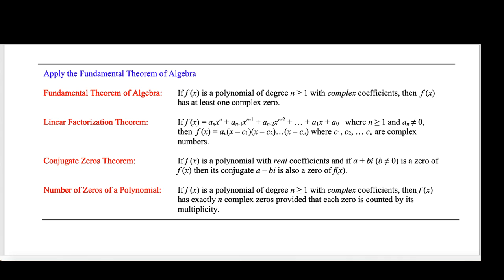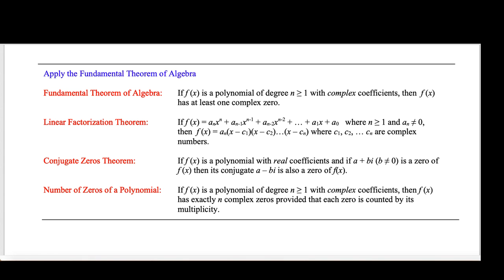A third degree polynomial will have 3 zeros. A fourth degree polynomial will have 4 zeros, and so on. Now, when it says counted by its multiplicity, this simply means that some of the zeros might repeat, right? You might have several zeros that are the same value, and that's what we mean by counted by its multiplicity.